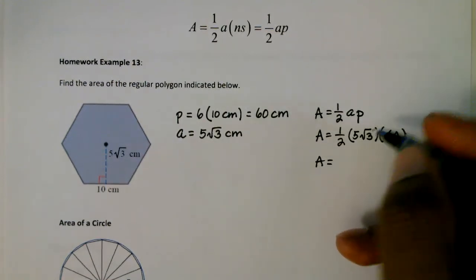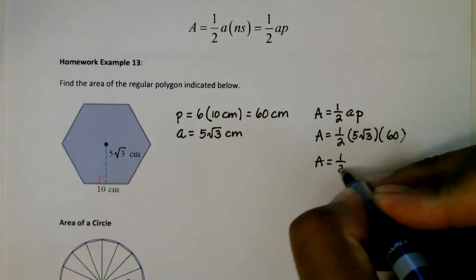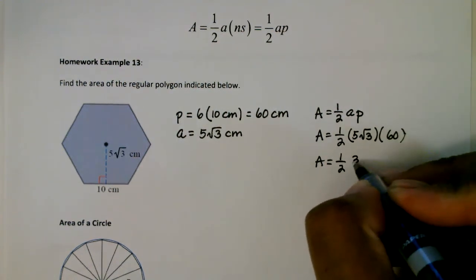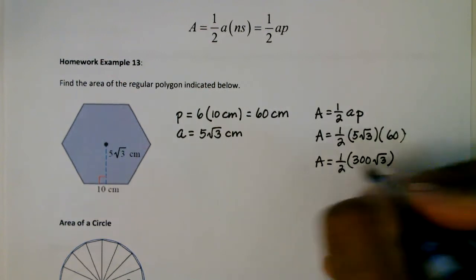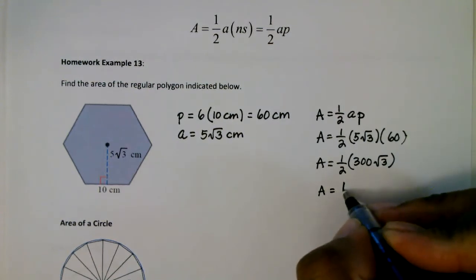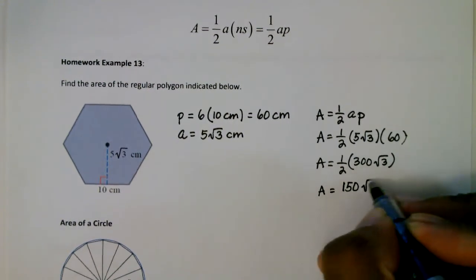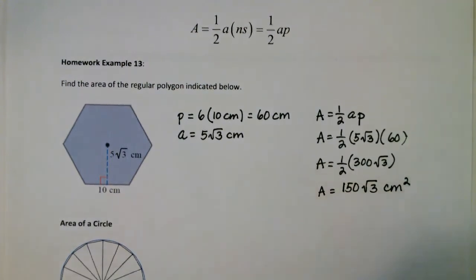Let's see. 5 square roots of 3 times 60, I'm going to bring down the 1/2. That would be 300 square roots of 3. Half of 300 is 150. So it'd be 150 square roots of 3. And we're dealing with centimeters, so the area has to be in square centimeters.